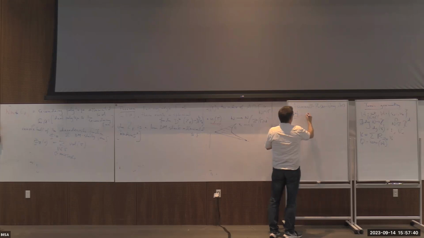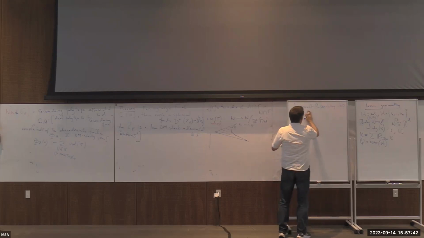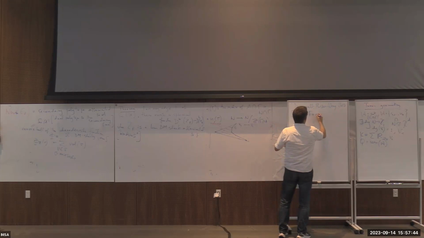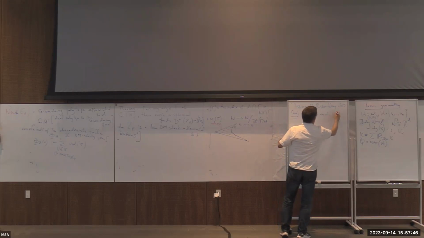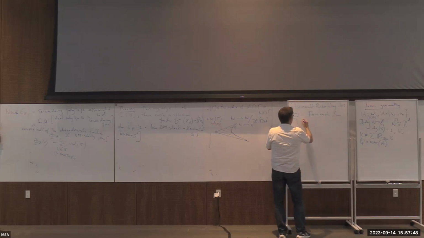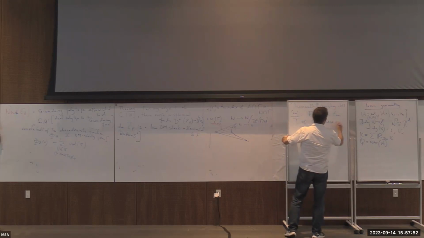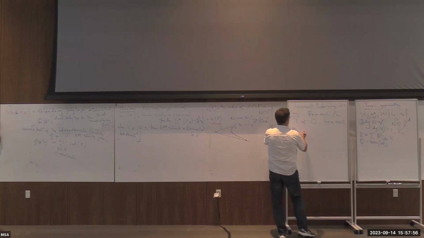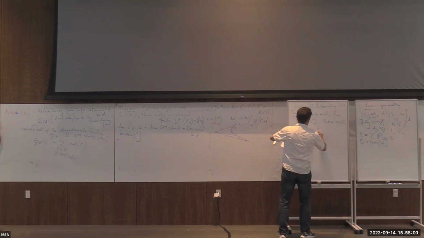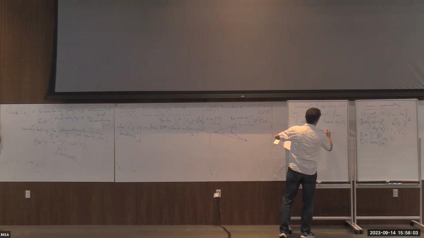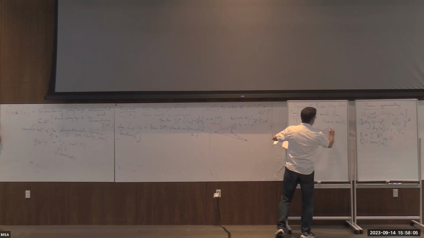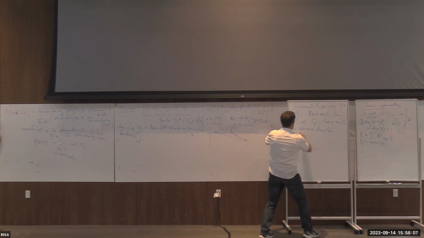Their conjecture is that for each phase gamma of Q, there exists a spherical functor of the type EB. I'll call it here Z gamma.